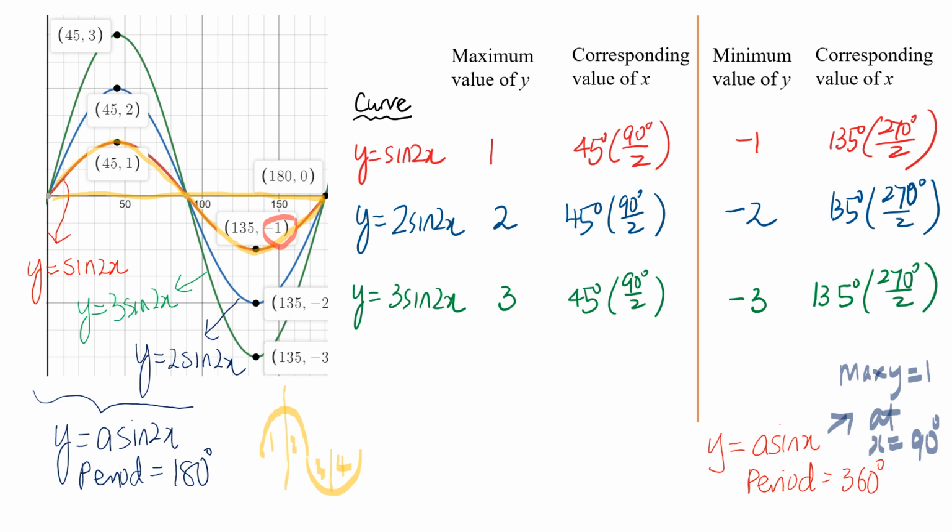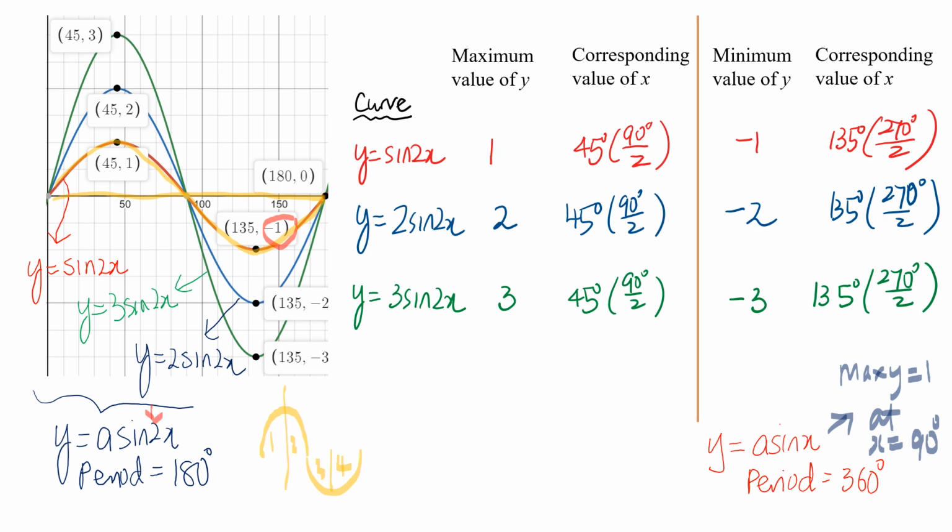So what is the learning point here? The maximum value of y and the minimum value of y are still given by the coefficient of your trigo function. Maximum is the positive, minimum is the negative. However, the corresponding angles, you will have to take 90 divided by this number here.